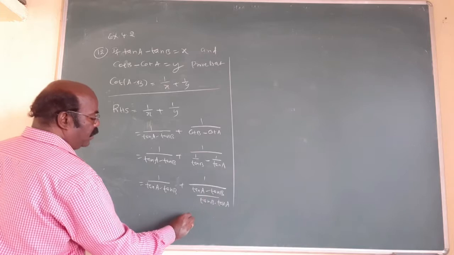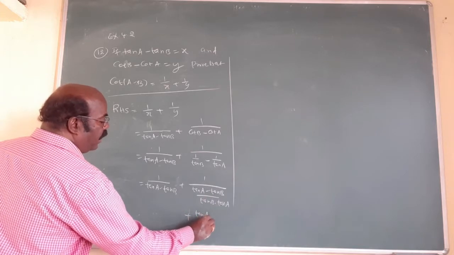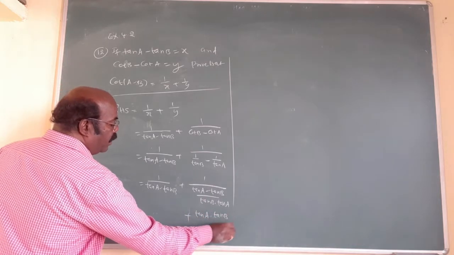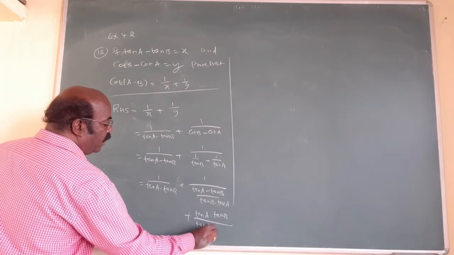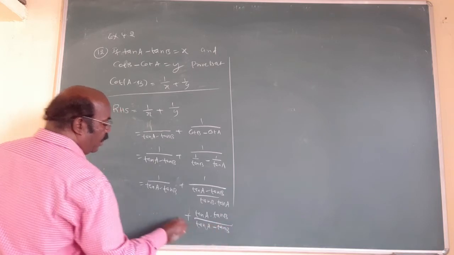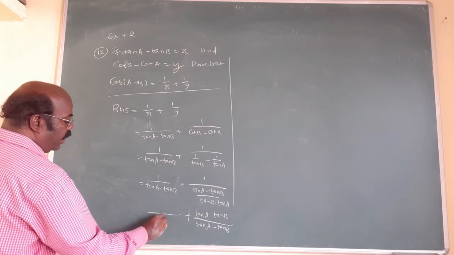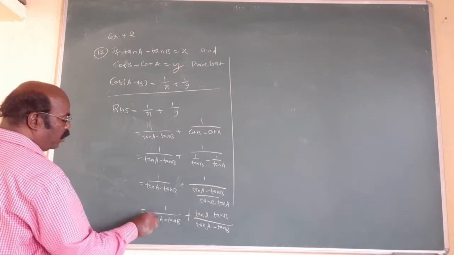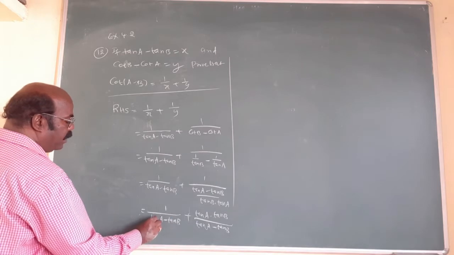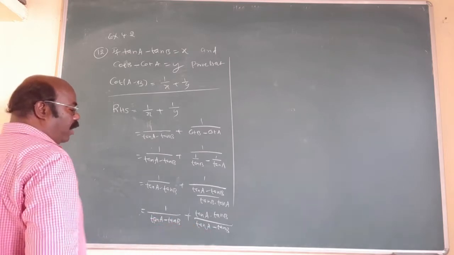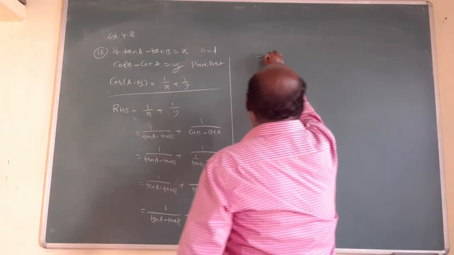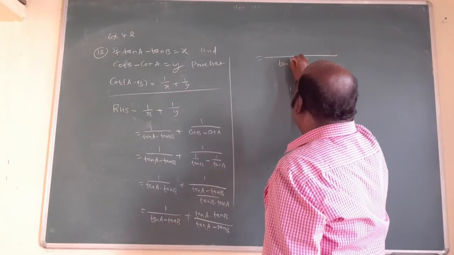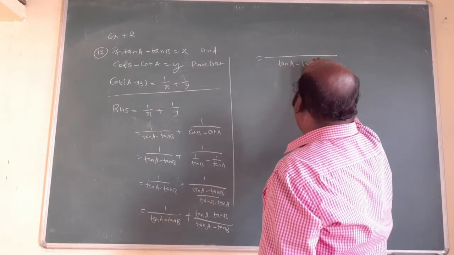Reciprocal is what? Tan a into tan b as numerator by denominator. Already we have tan a minus tan b as the denominator. The same denominator, so the numerator is tan a minus tan b.